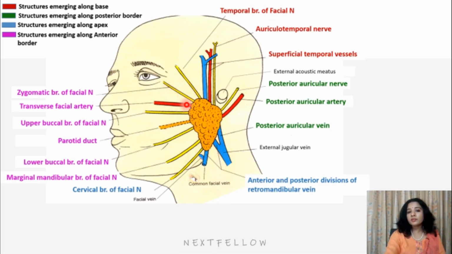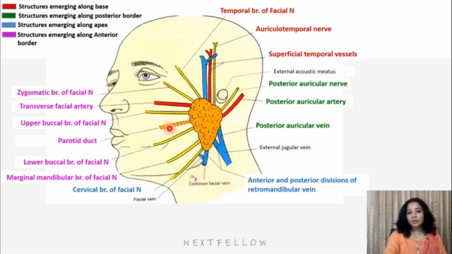Apart from the nerves, we can see the transverse facial artery. The transverse facial artery is a branch of the superficial temporal artery. We know that the external carotid artery divides in the gland into the superficial temporal and maxillary arteries. So the superficial temporal gives off the transverse facial artery, which also supplies part of the face.